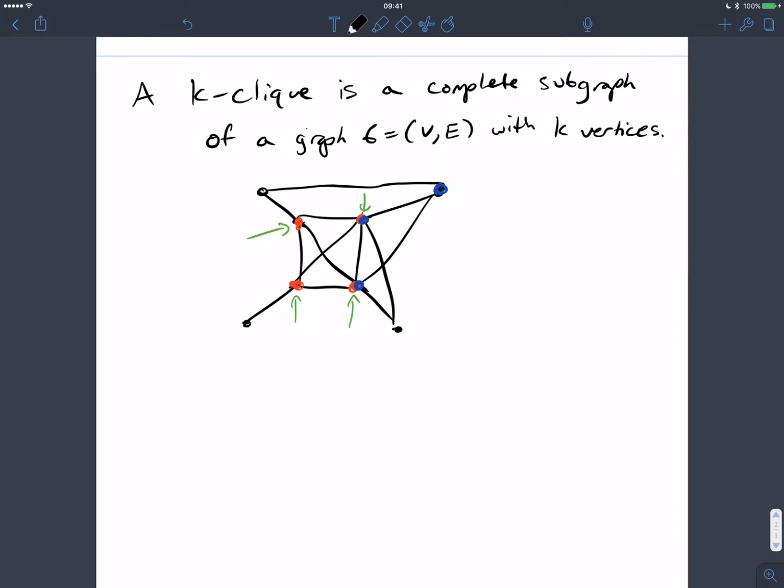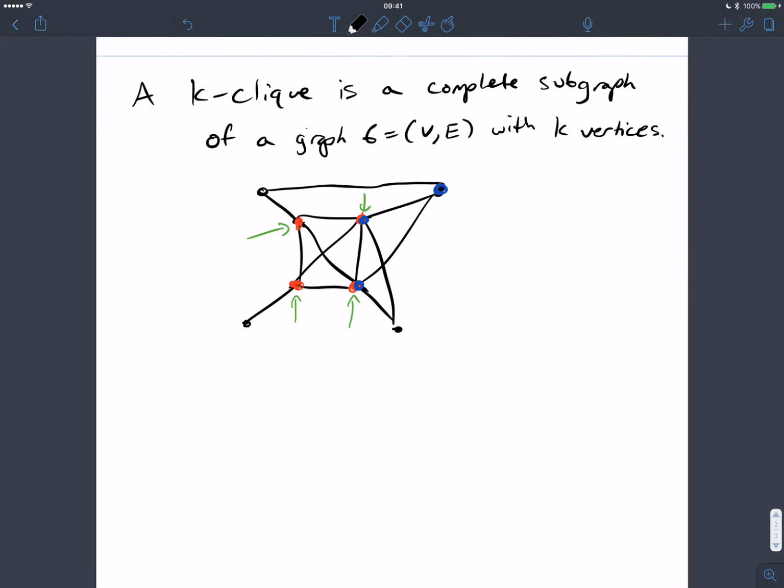But what about in general? What would he have to give me in order for me to verify that there is a k-clique? What he would give me is a list of k vertices. Then I would make sure, were those k vertices in the original graph in the first place? Because if he tells me other vertices, then that's complete bogus already. But then I would need to check, among all pairs of those k vertices, is there an edge there?